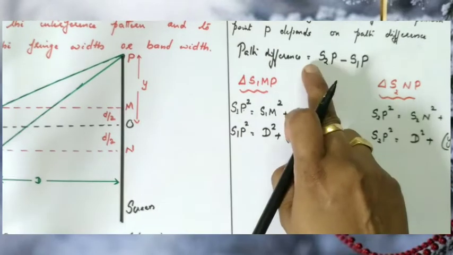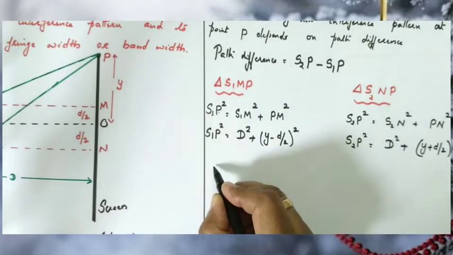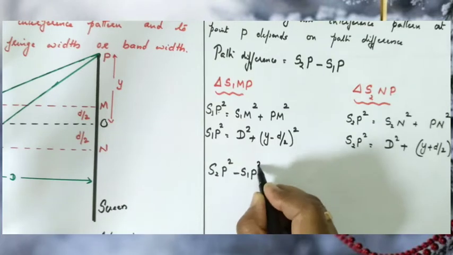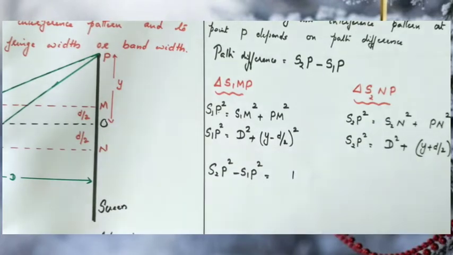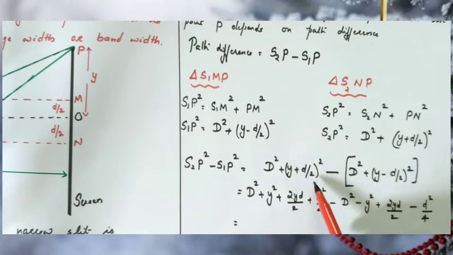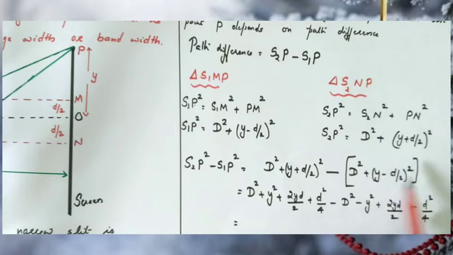We want path difference S2P minus S1P. We can subtract these two. So we can write S2P square minus S1P square equal to D square plus Y plus D by 2 the whole square minus D square plus Y minus D by 2 the whole square. Then we can simplify. This is of the form A plus B the whole square. We can simplify and take the negative sign inside. We can cancel D square and D square.